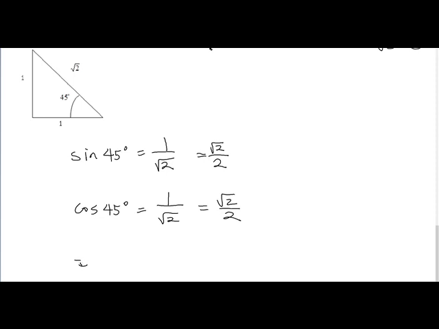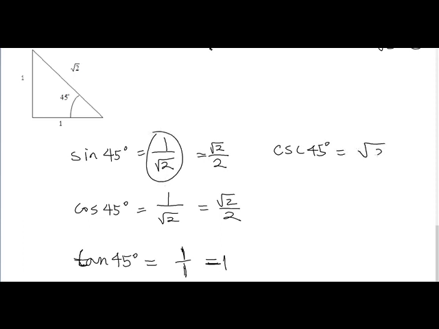Tangent 45 is opposite over adjacent, but the opposite and adjacent are the same, so it's 1 over 1, which is 1. Cosecant 45 is the reciprocal of 1 over square root of 2, so that's square root of 2. Secant 45 is the reciprocal of 1 over square root of 2, so it's the same. And cotangent 45 is the reciprocal of 1, which is 1.